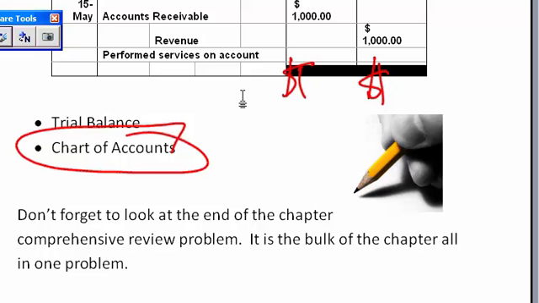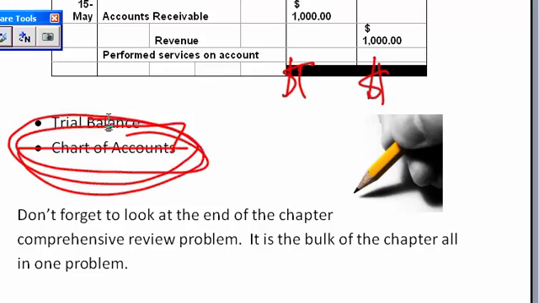Do you keep your cars separate from your trucks? Or do you just put them all into one account called vehicle? Whatever it is that you want to do, you set up the accounts with the chart of accounts. And then every economic event, every transaction that you record, you have to use the accounts that are set up in the chart of accounts.